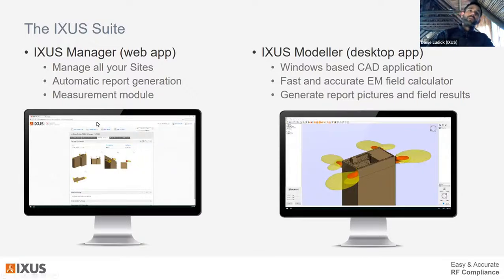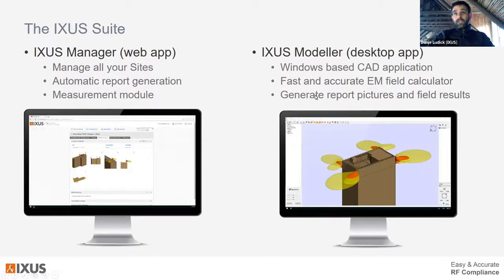You can also pull in other types of data, like data from an SRM measurement device, directly into your base station sites. It's a one-stop shop to manage all the information associated with your RF safety assessment for a particular site.